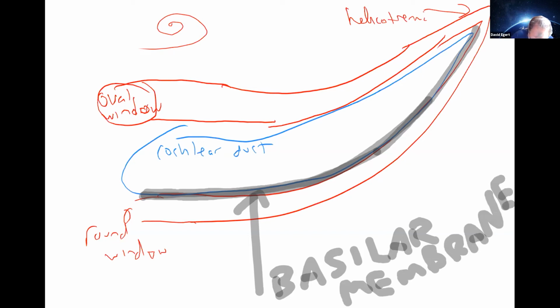Then we're going to put the hair cells on top of that. And then there's going to be another membrane, they call the tectorial membrane, on top of those.